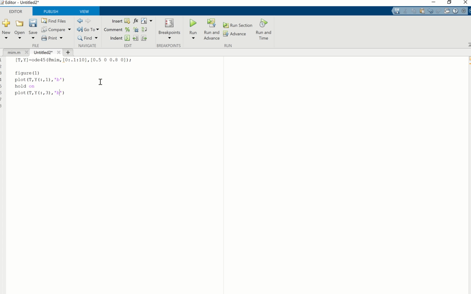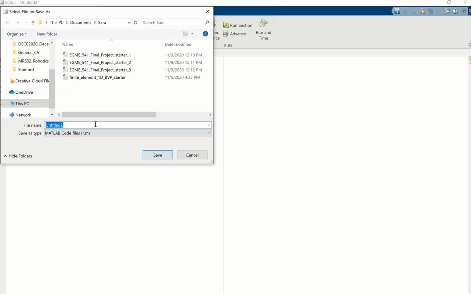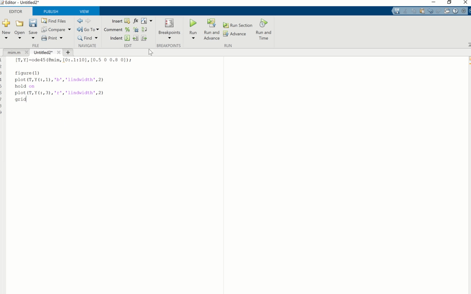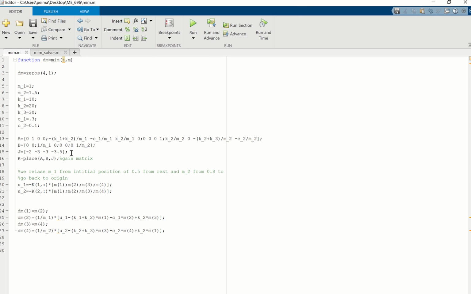That's right, the displacement of mass 2, gonna be red, and line width gonna be 2, and the same for here. Here we go, and I say grid, and I'm saving it as the MIMO solver. That's right. But let me debug it first, because I'm doing this with you, it may be that I have typos, huh?